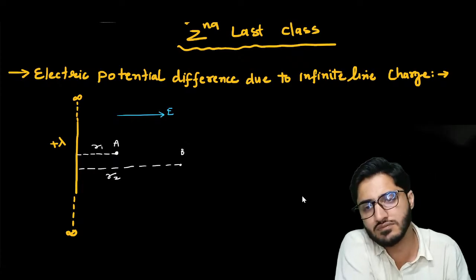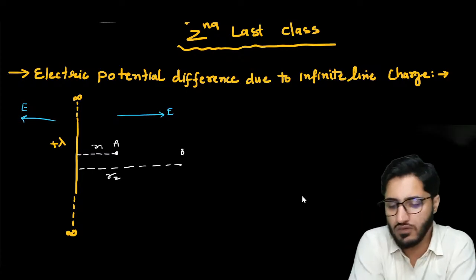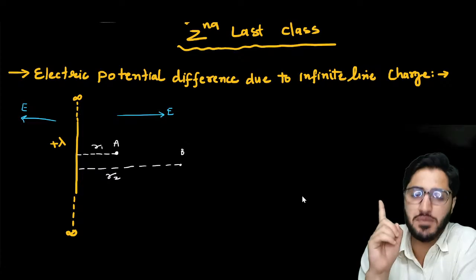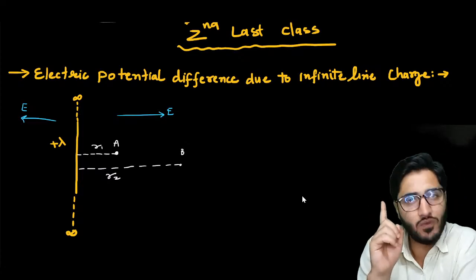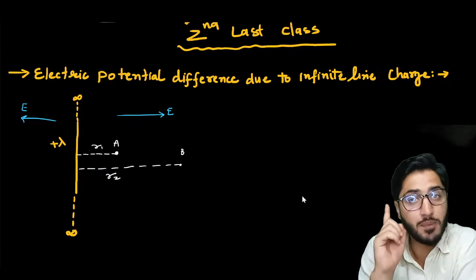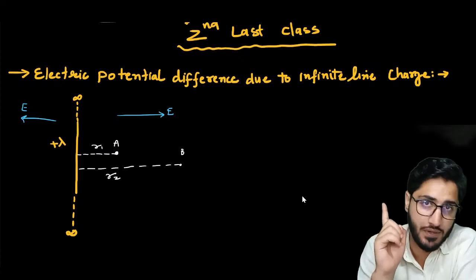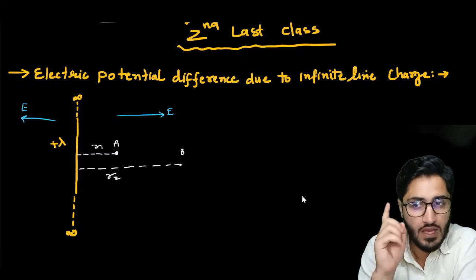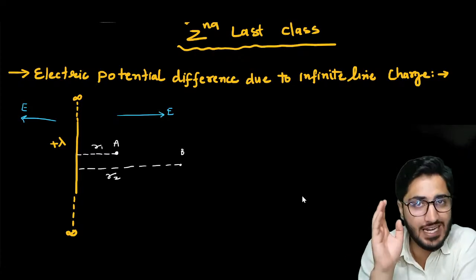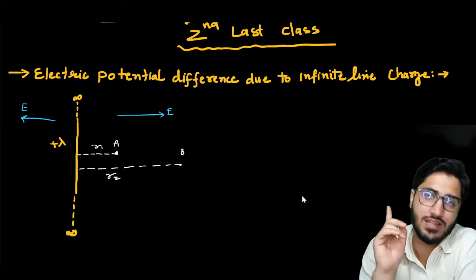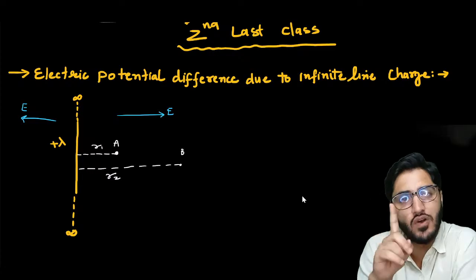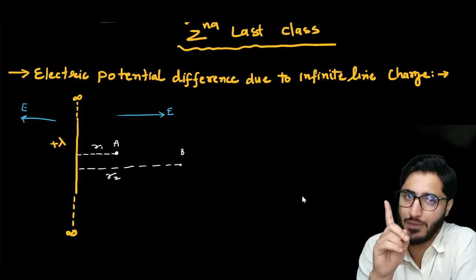For this line charge, we have the formula K lambda by R (sine theta 1 plus sine theta 2) for the perpendicular component, and for the parallel component it is K lambda by R (cos theta 2 minus cos theta 1). But if we have an infinite line, theta 1 and theta 2 are both equal to 90. When we place the values, we have only one value, 2k lambda by R.